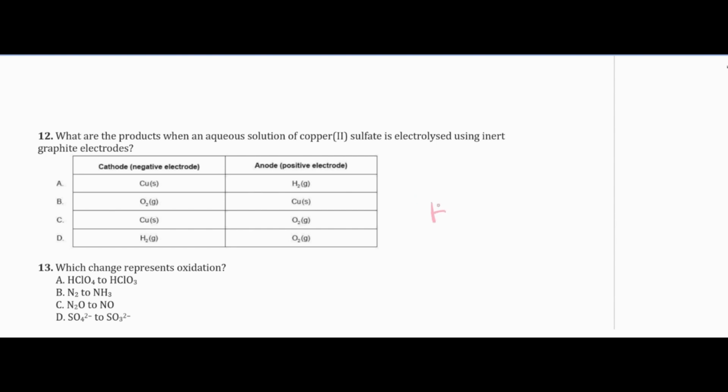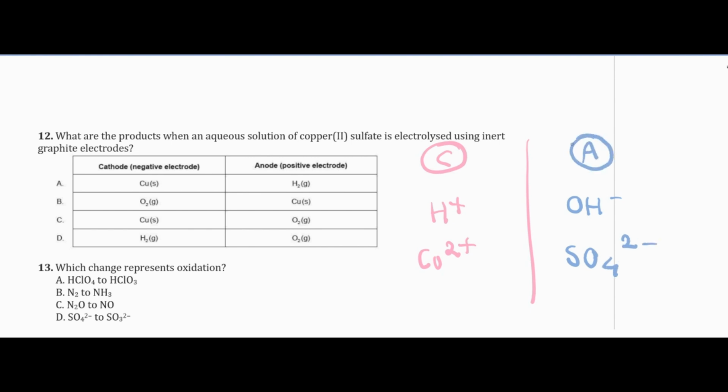We have the H plus from the water and also the copper 2 plus, and that will be the cathode. Then at the anode, we have the OH minus, again from the water, and the sulfate SO4 2 minus.